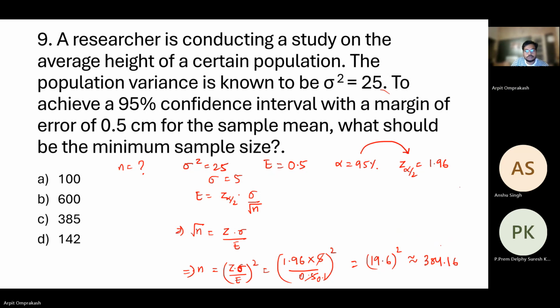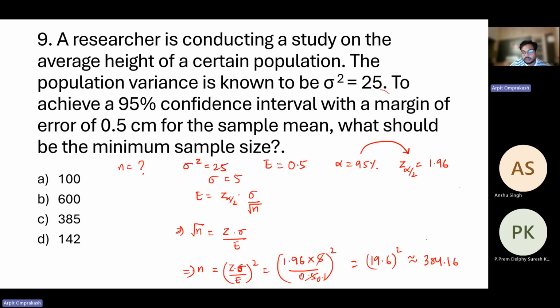So the minimum n value for us, for which we can have a 95% confidence interval with a margin of error of 0.5, will be 384.16. But since n cannot be a fraction, because n is the number of samples we are taking, it would be an integer.